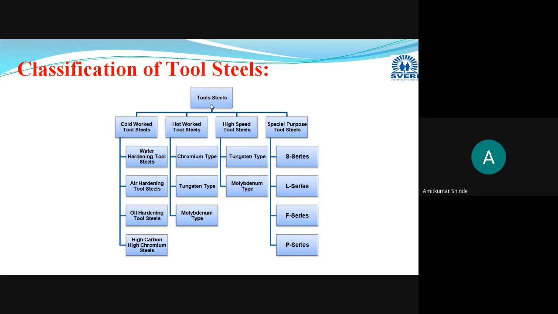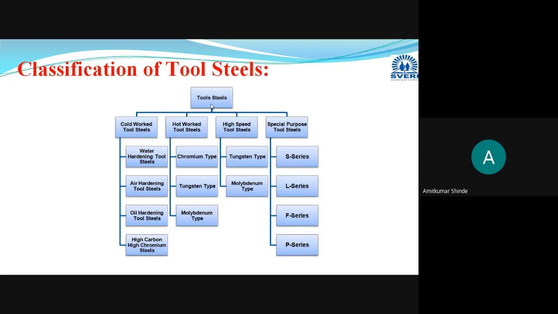The same steels are used for doing cutting operations also. That's why these steels are termed as tool steels, because we are using them to manufacture the tools to perform the different manufacturing operations.